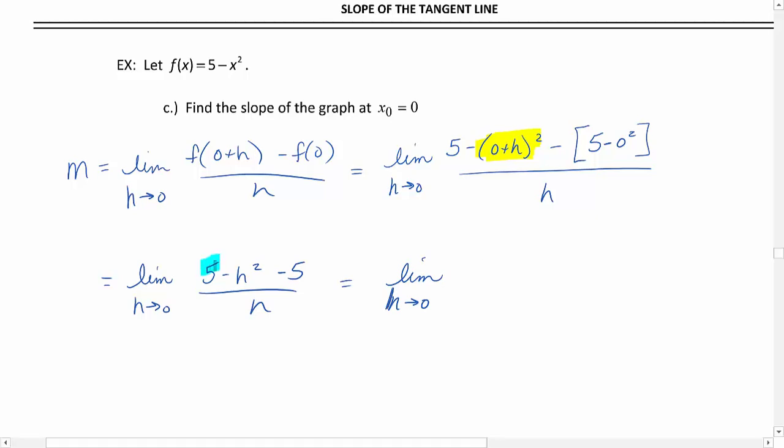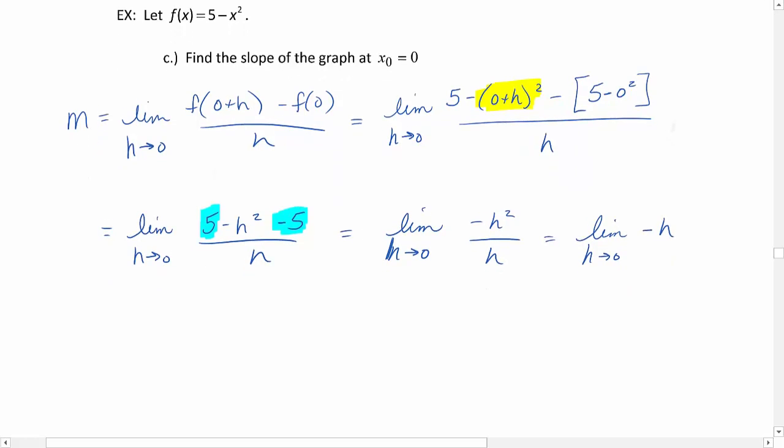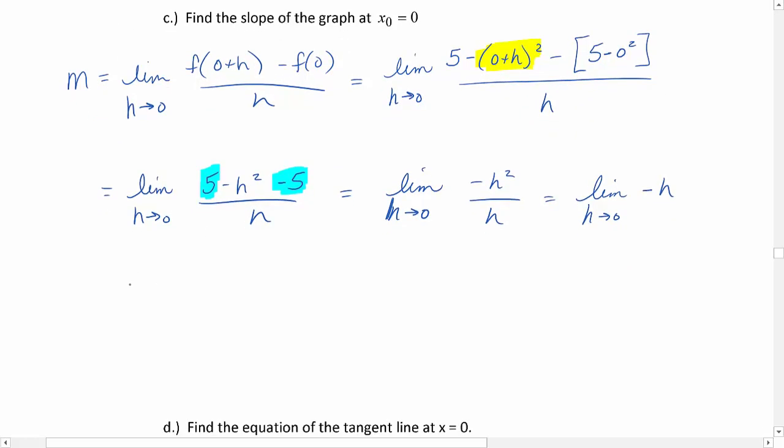Combining like terms, we see that our constants fall out, leaving us with negative h squared over h. Simplifying, we get the limit as h approaches 0 of negative h. Now we can plug our 0 in for h, and we get that the slope is equal to negative 0, which is just 0.